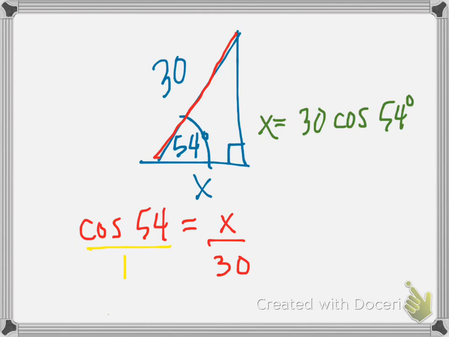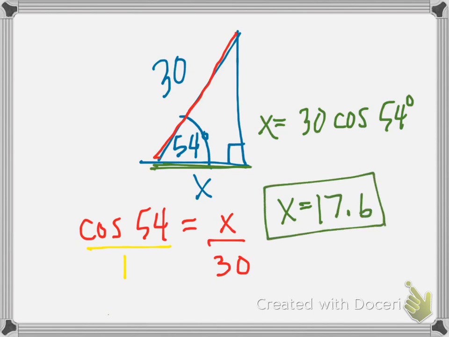So 30 times cosine 54. I got 17.6 for my answer. 17.6. So that's how long this side is. All right, that's it.